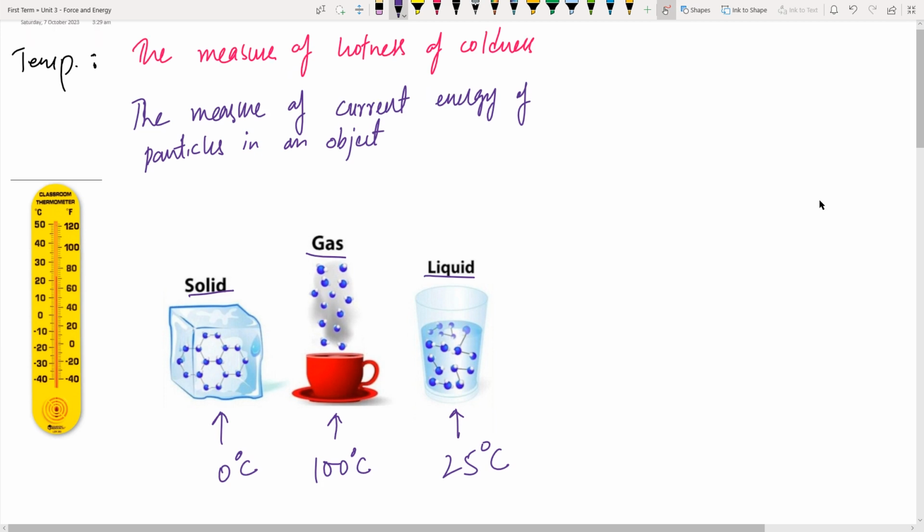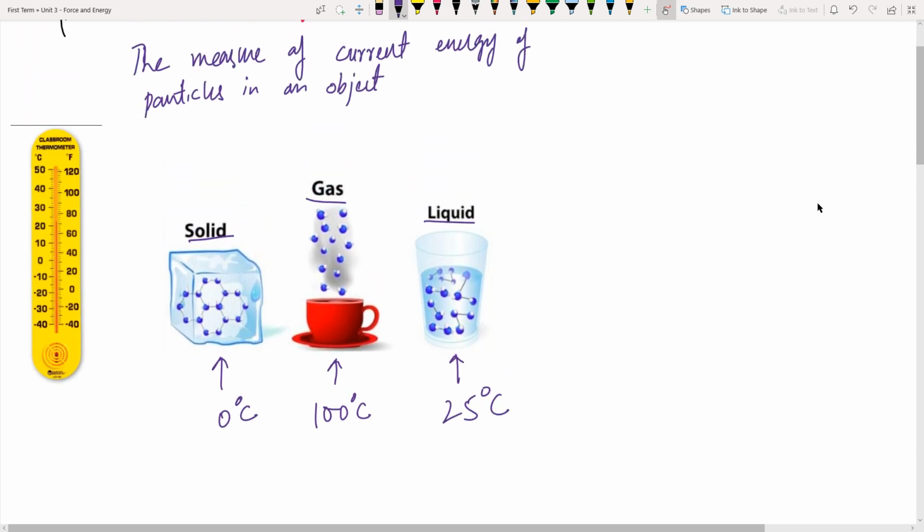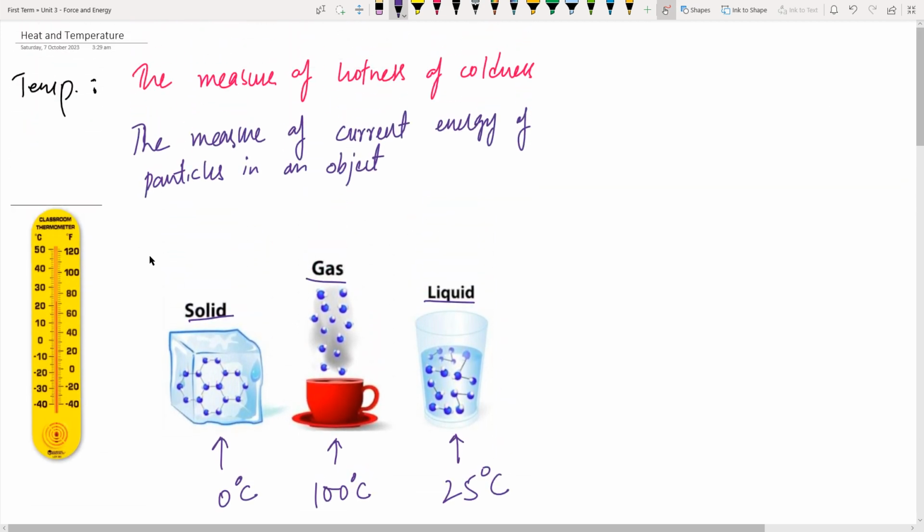But now let's compare what heat is. But before that, I'm going to discuss this object over here, which is a thermometer. This is a classroom thermometer. I've shown you one in the lab. It was a wooden thermometer fixed on it. And why is this one different from the usual thermometers that we see?